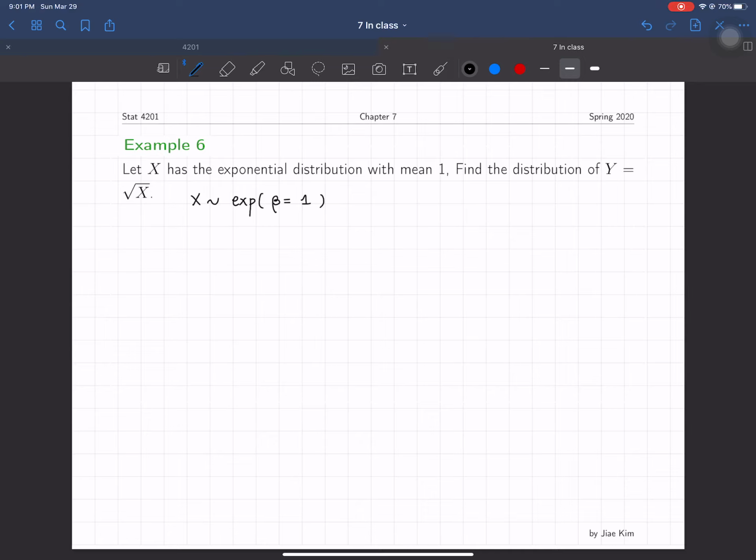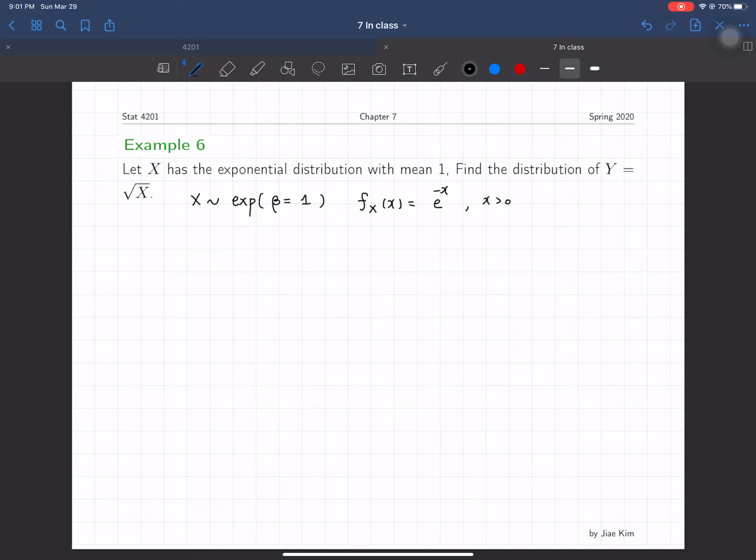Since beta is the mean for the scale parameterization of the exponential distribution, and it says mean 1, beta is 1, and we know the density function for this particular exponential distribution is e to the minus x for x greater than 0. I'm going to just skip the range where f of x is 0.